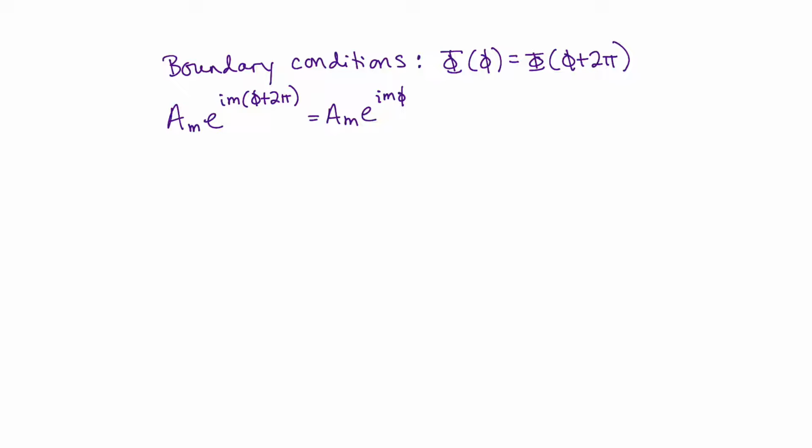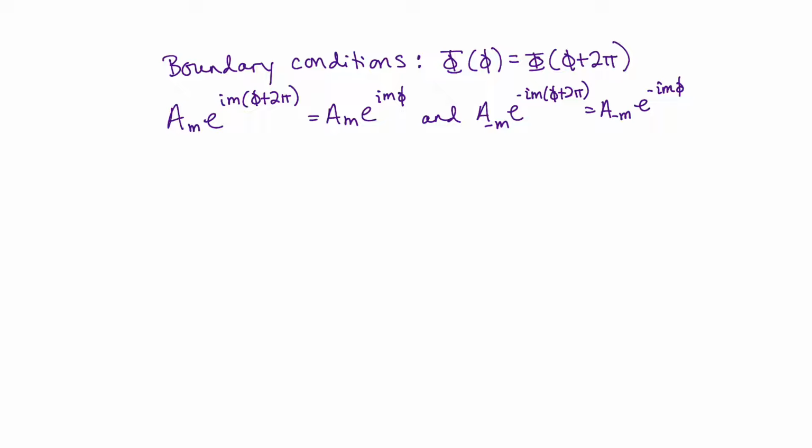And then same for our negative. If we have our minus m options, we're going to have the same situation that we need to satisfy. So we can simplify that.